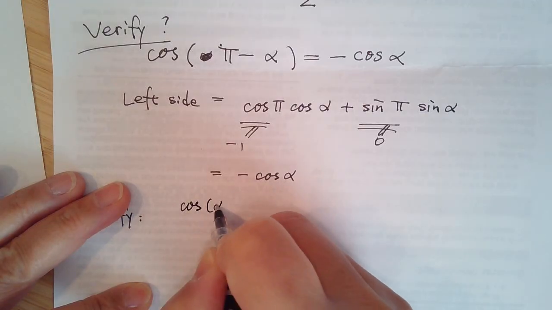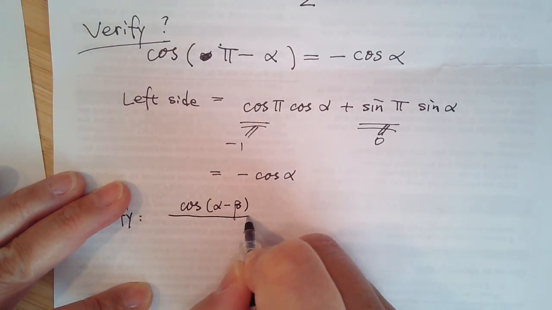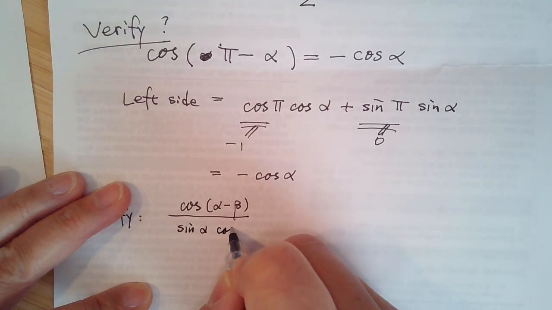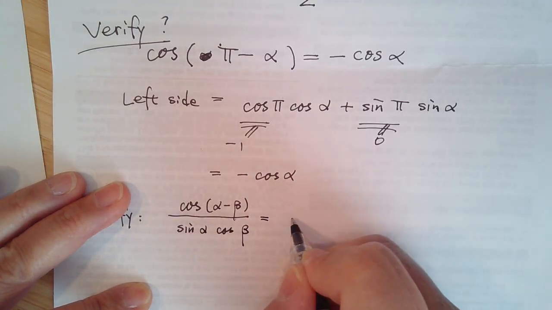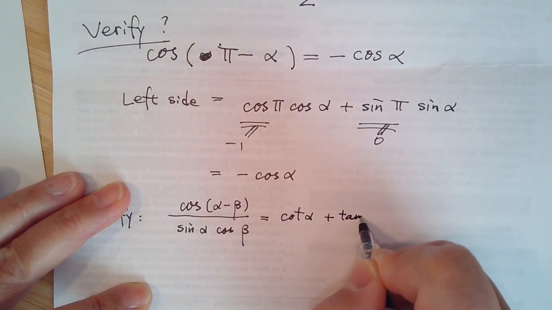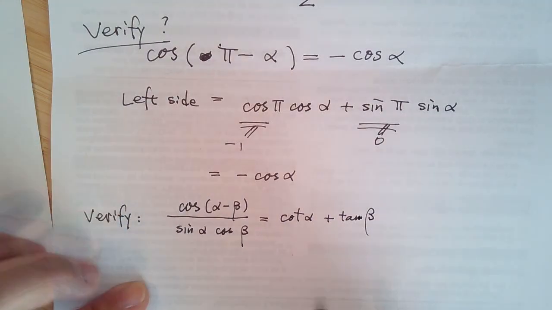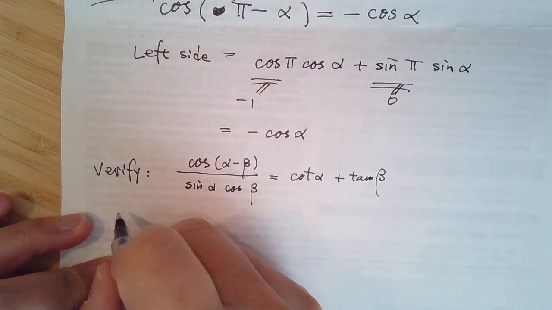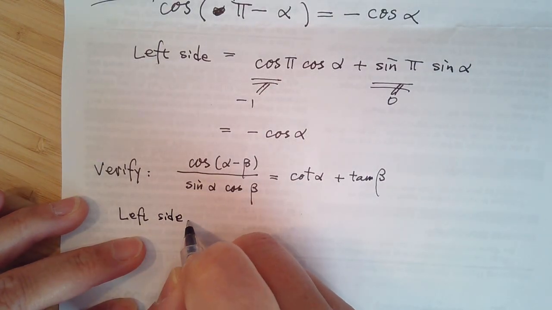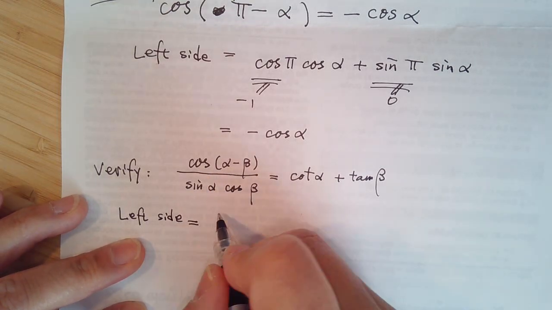Verify that cosine alpha minus beta over sine alpha cosine beta equals cotangent alpha plus tangent beta. So let's start from the left side. Now you're familiar with cosine alpha minus beta, right?